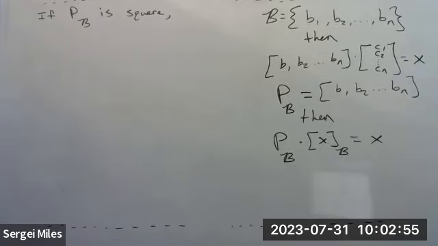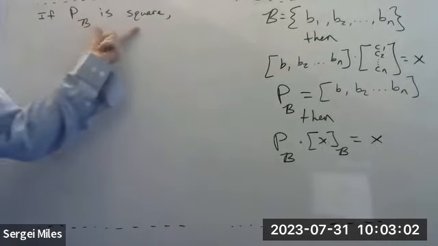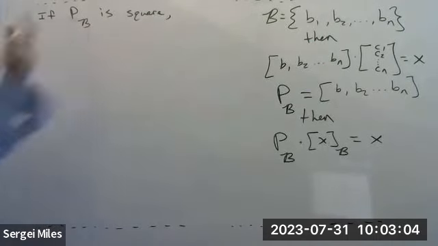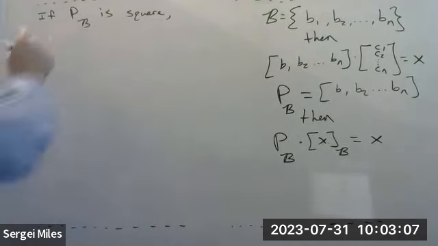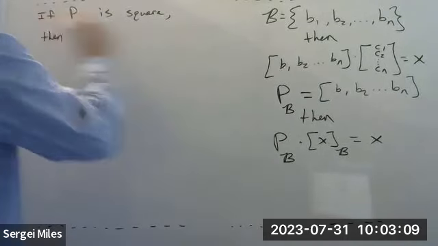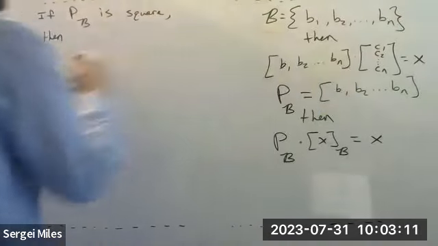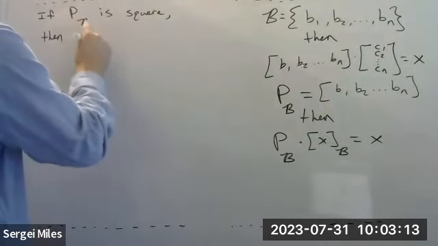Oftentimes for the problems and examples we look at, it will be square, but this matrix does not always have to be square. That's why I'm putting this caveat here. If it is a square matrix, then it's linearly independent, therefore it's invertible.